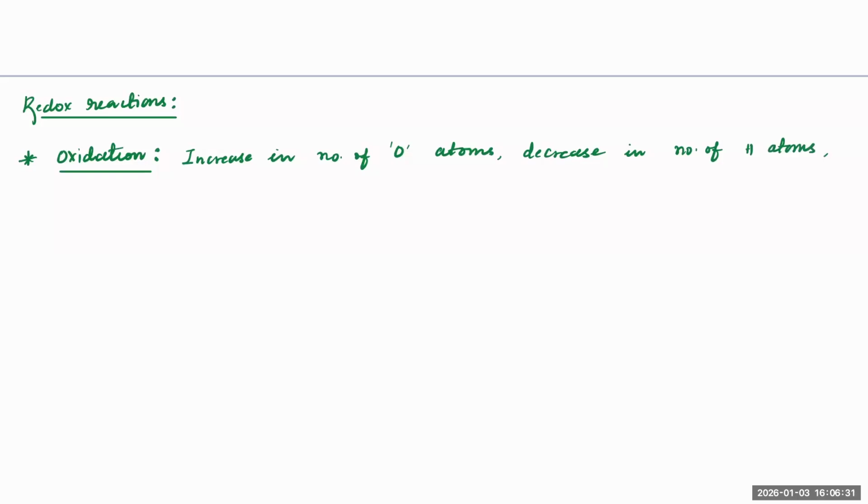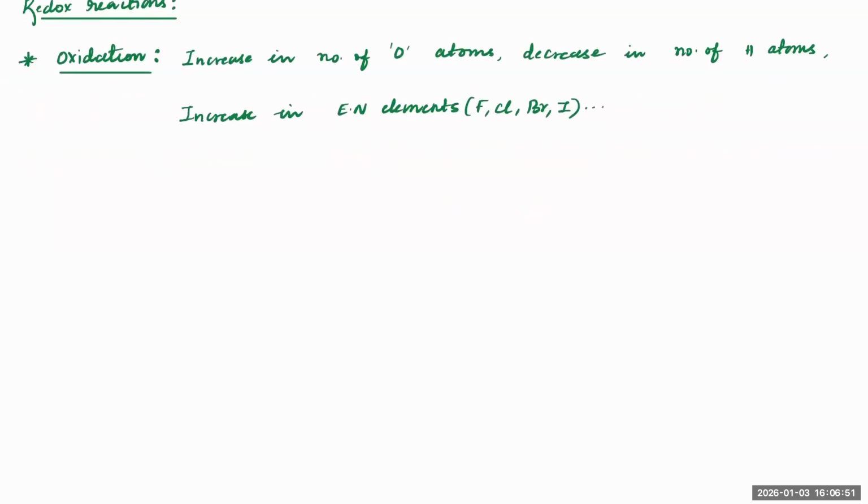Or another way to define it is an increase in electronegative elements like fluorine, chlorine, bromine, iodine. These are all very old definitions and are used as per the reaction.